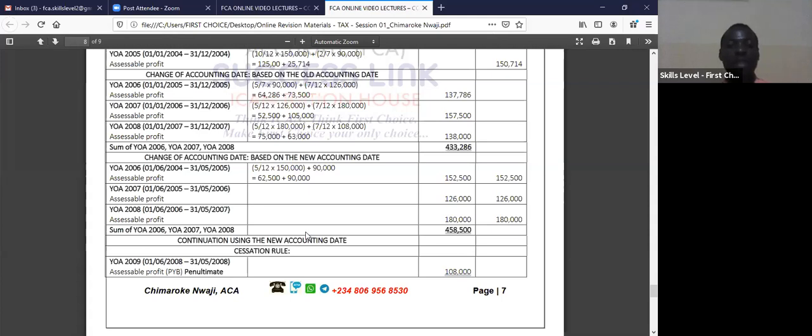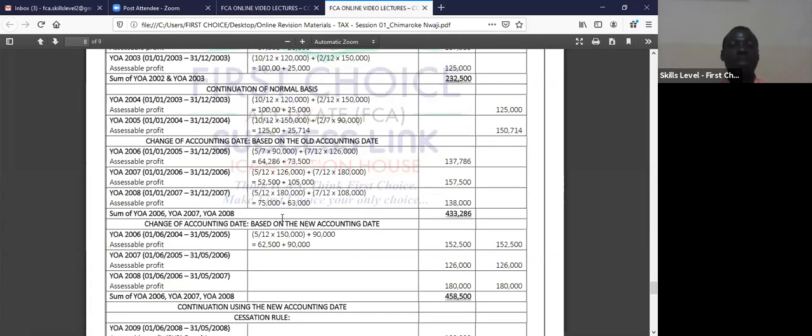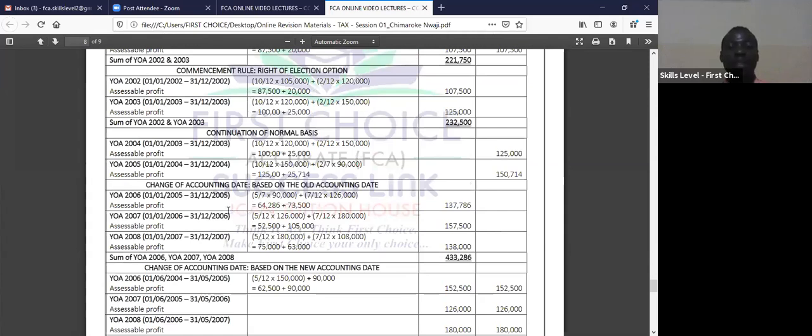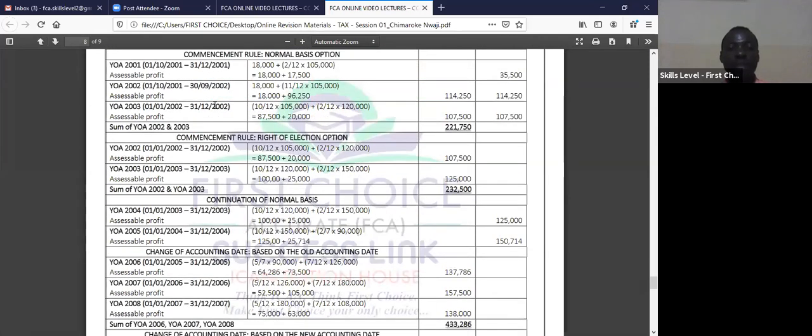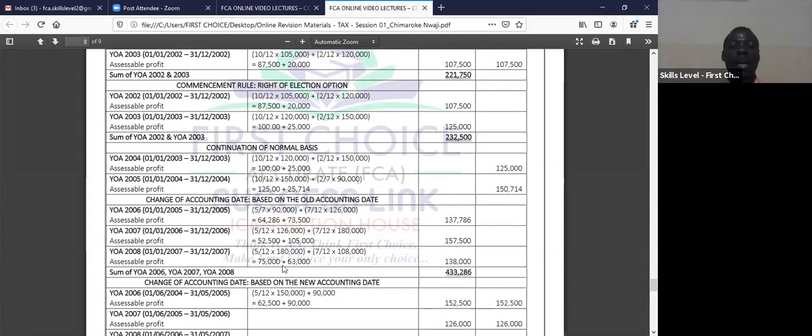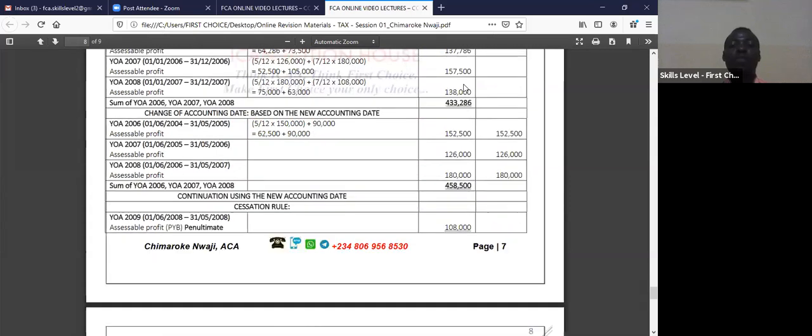Mind you, when we are doing commencement rule and we are continuing the normal basis, I said where this normal basis stops, that is where this one starts, irrespective of whether you're choosing right of election or not. Now, coming to accounting date, irrespective of these ones that you choose, old or new, for those 3 years, after that, the company will continue on the new accounting date.